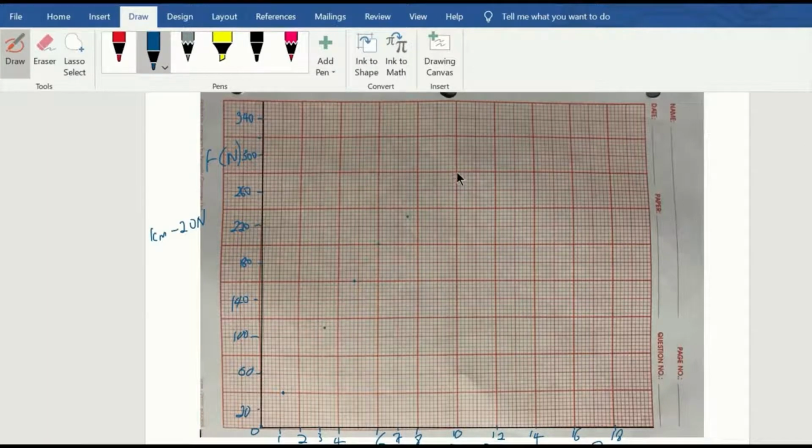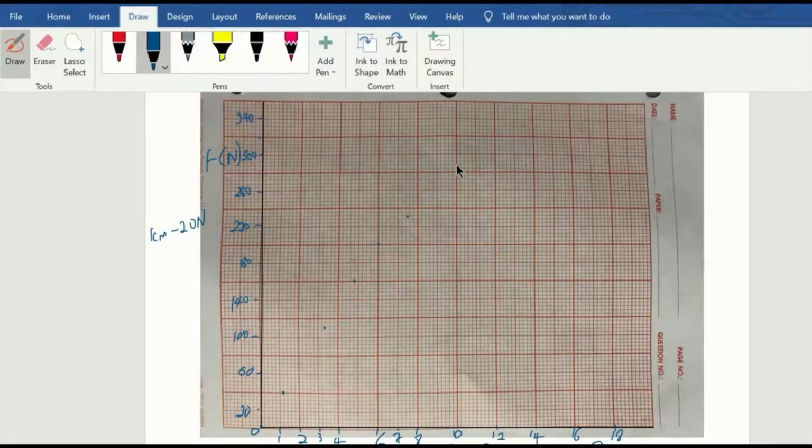This is 280, plus 4, 284, plus 4, 288, plus 4, 292.